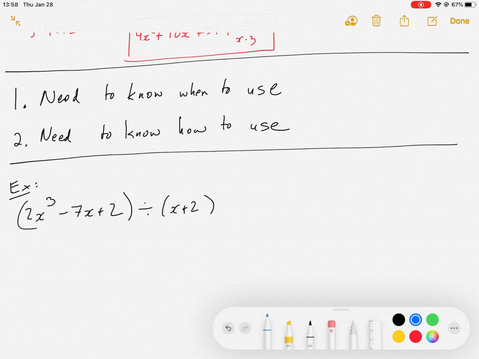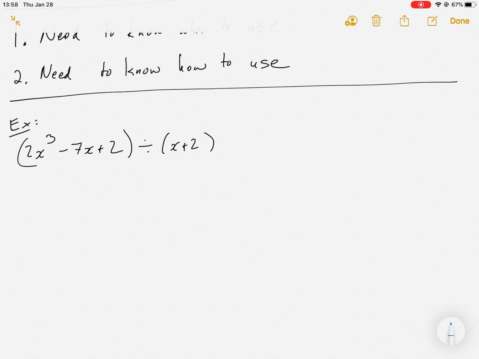Now I'm going to go through this one a little bit more quickly so you can kind of see what the process looks like and how fast it actually can be, and kind of see what you can skip and what you do need to show. So the first step I'm going to do is write down the 0 of the factor. I'm going to go ahead and write the coefficients. Notice there does need to be a placeholder because we don't have the 0x squared.